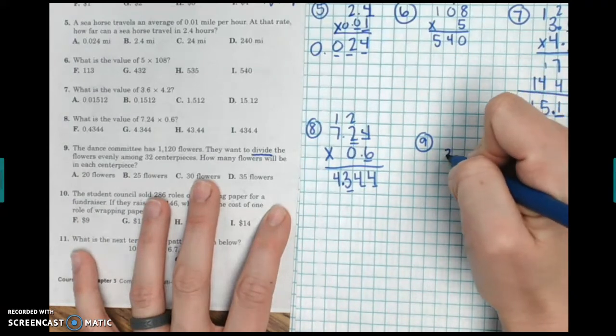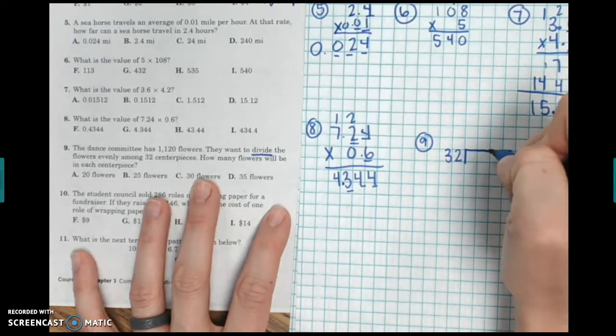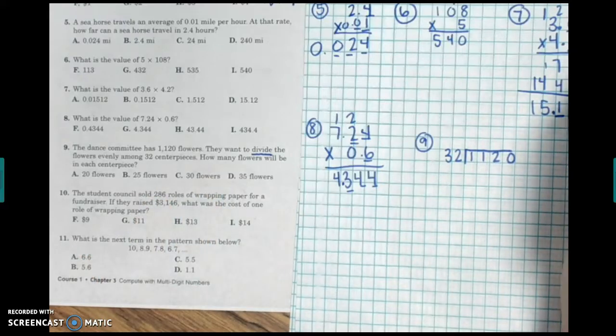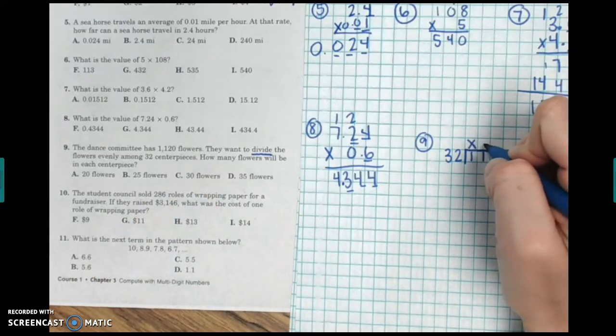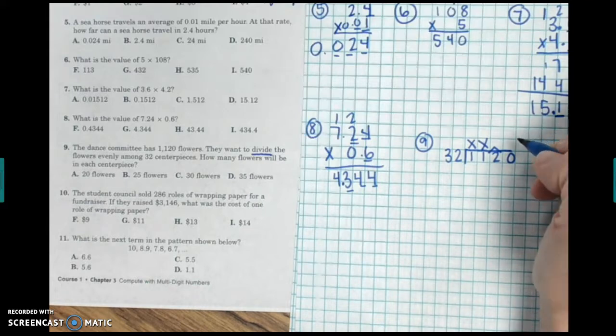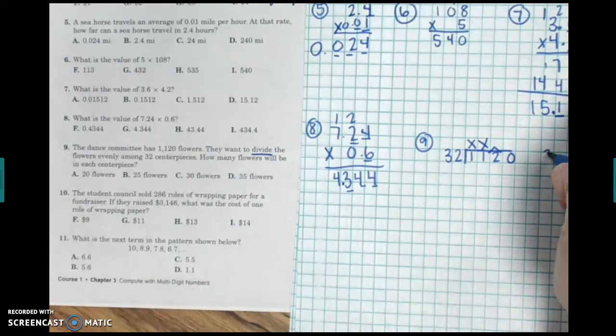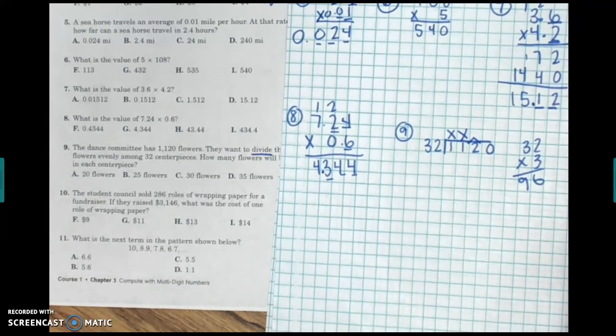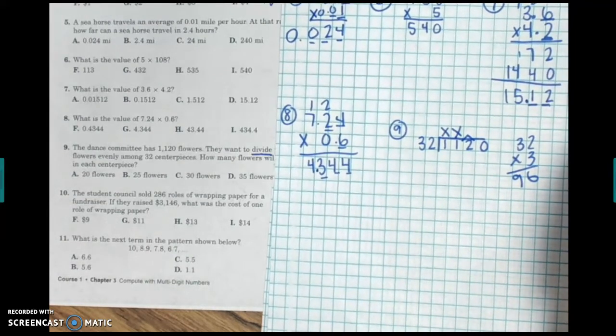We're going to take 32 on the outside, and on the inside we have 1, 1, 2, 0. And I know that 32 cannot go into 1 or 11, but it's going to go into 112. 3. That'd be 96. 5? I think probably just 3. Yeah, it is. Because if we do 3 times 4, we get 12.